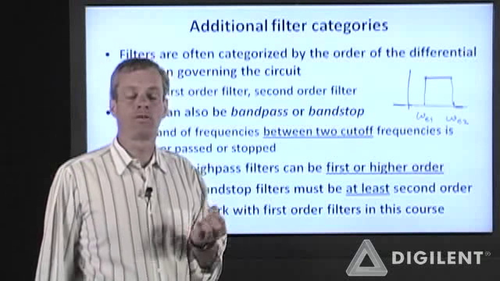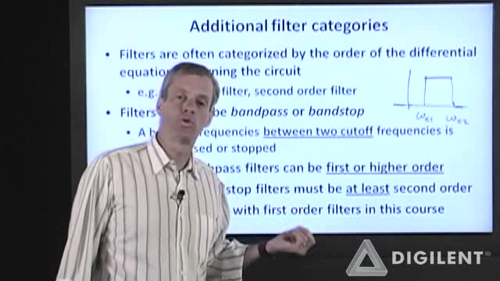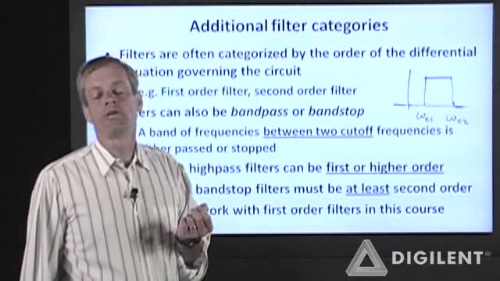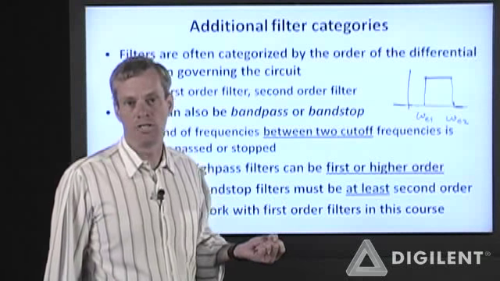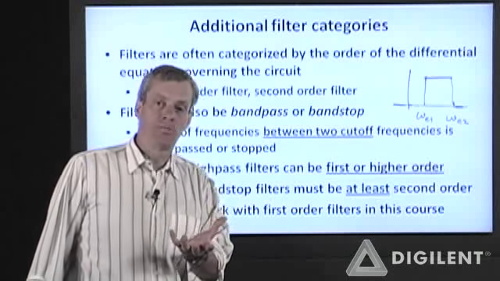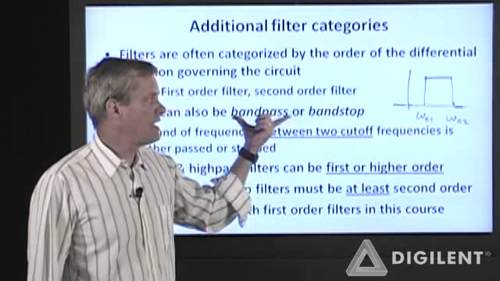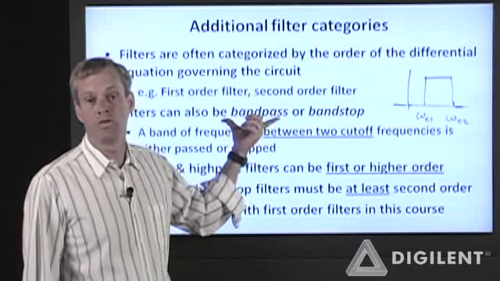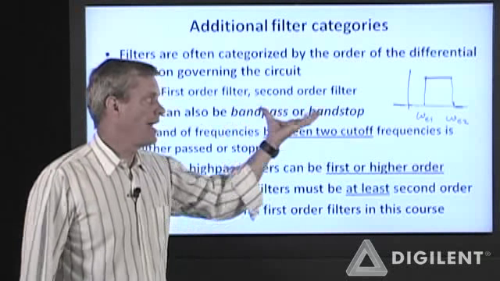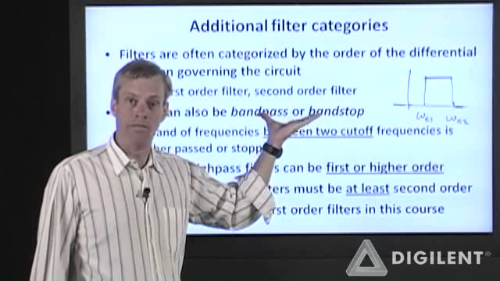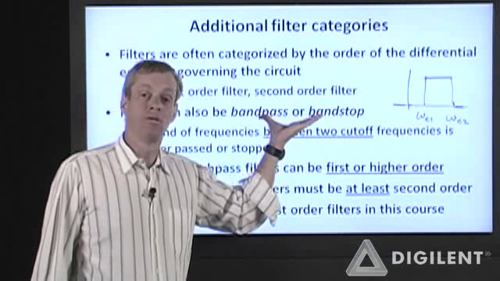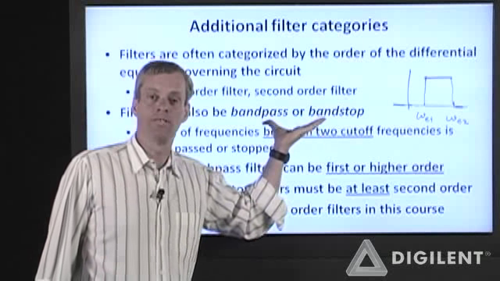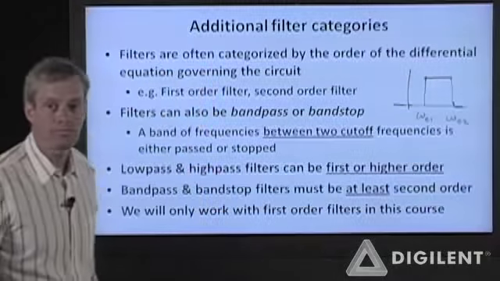So all of my filters will be governed by a first order differential equation. They will contain a single energy storage element. With that particular topology, I cannot create a band pass or band stop filter. I need two energy storage elements to do that. That is why I'm not going to touch on these types of filters really at all in this class, other than to mention that they exist.